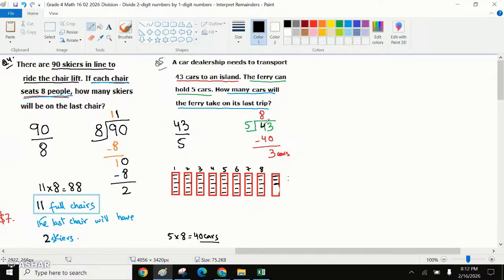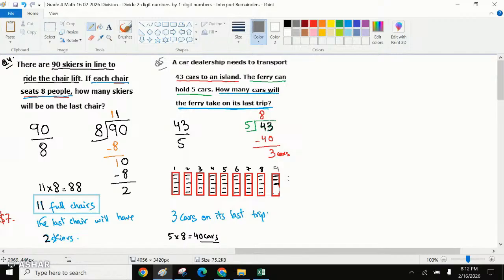Because the total number of cars was 43. So the question is asking us how many cars will the ferry take on its last trip? 3 cars on its last trip. And that would be trip number 9.